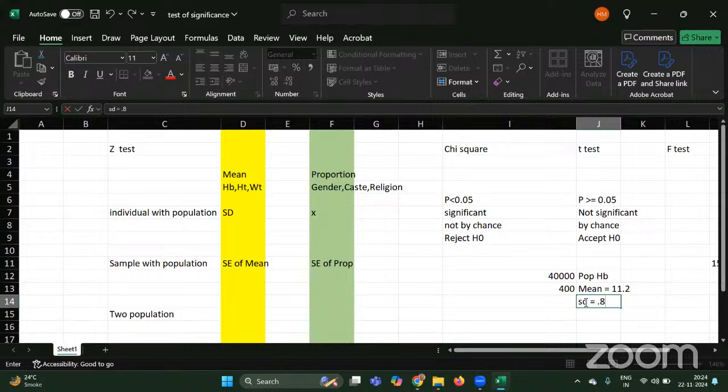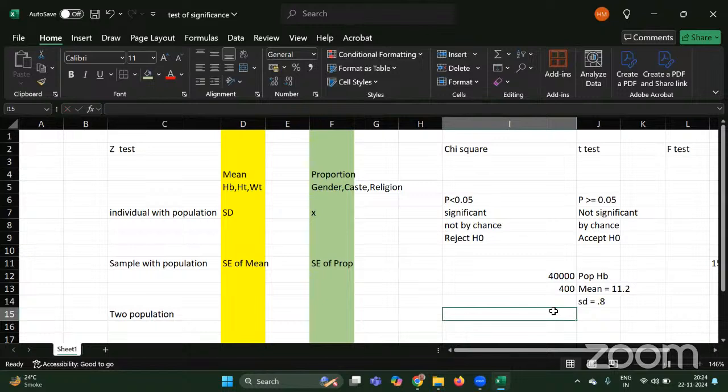We'll not calculate over here because we have already done it, but just to recapitulate. Now, when we want to talk about population hemoglobin, based on this we'll find out standard error of mean. What does it mean? When we want to talk about a population of 40,000 based on 400, because we are talking based on a sample, there will be sampling error.